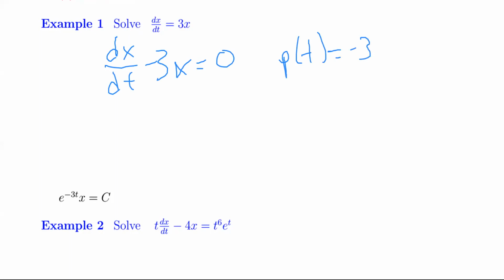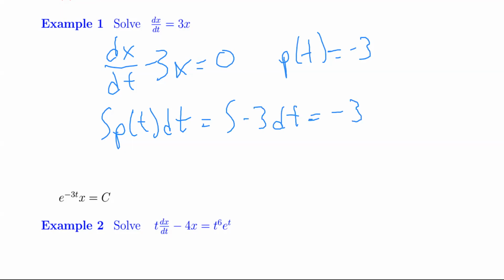And we want to find our integrating factor. Well, first we need to integrate p of t with respect to t. We do this integral of negative 3 dt, and this is equal to negative 3t.